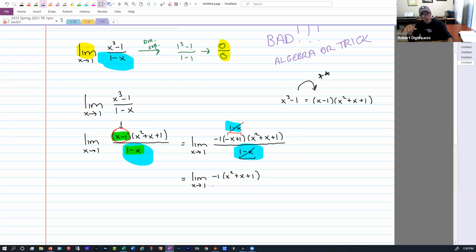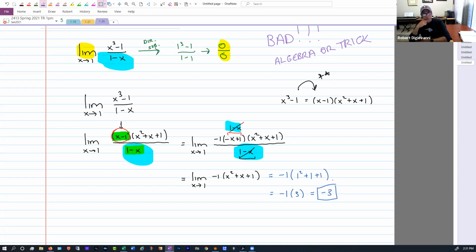And now I'm just going to replace all the x's with 1s. So I have -1. I have replaced that 1 plus 1 plus 1. And now that gives me negative 1 times 3. And hey, voila, look at that, -3. It matches what we saw graphically, doesn't it? Matches what we saw graphically. Okay.